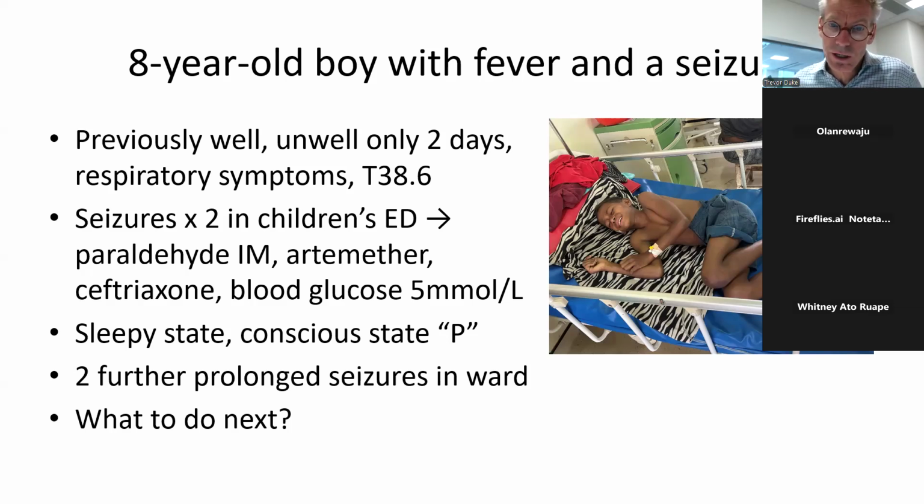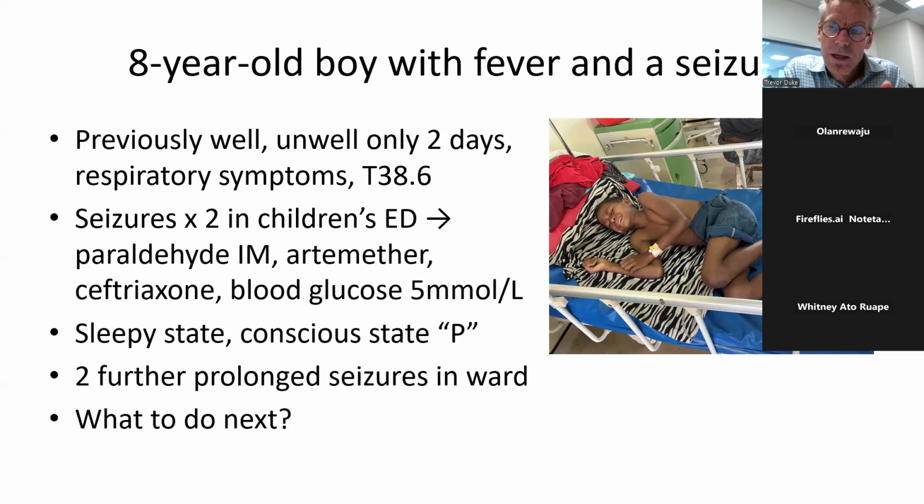He didn't respond to verbal stimuli or calling his name, and he certainly wasn't alert. He was transferred to the ward after receiving those medications, and while he was in the ward, he had two further quite prolonged seizures. And the question is then, what do you do next?